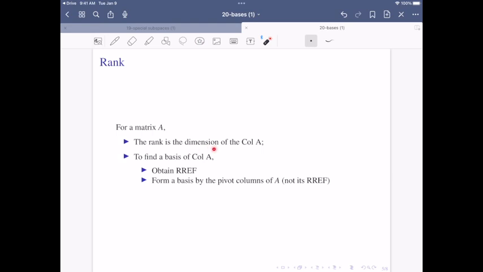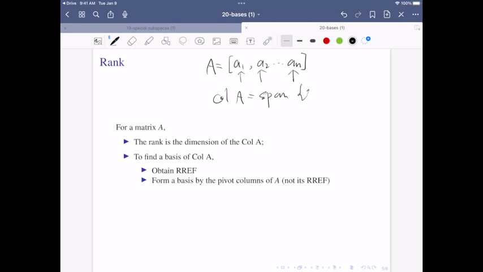Rank is the dimension of the column space of A. We discussed the column space of A in the last lecture. Suppose A is given by A1, A2, up to AN, those columns, those are column vectors. Then the column space of A is the span of A1 all the way to AN.